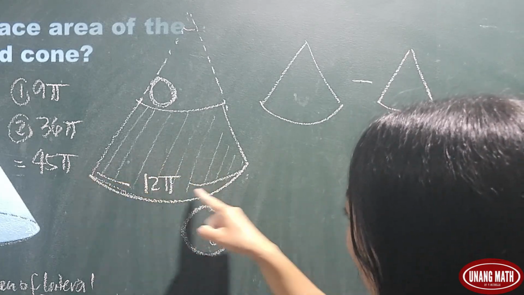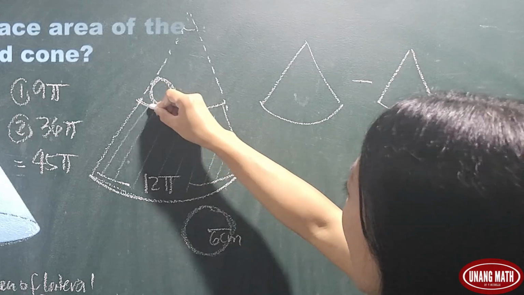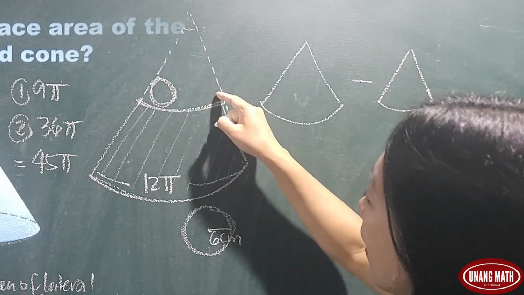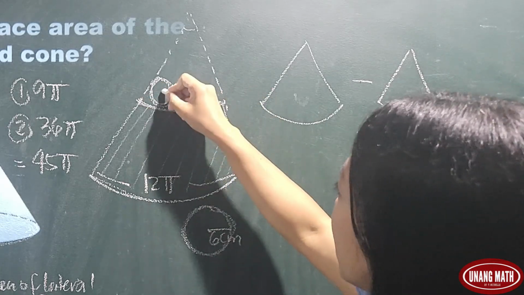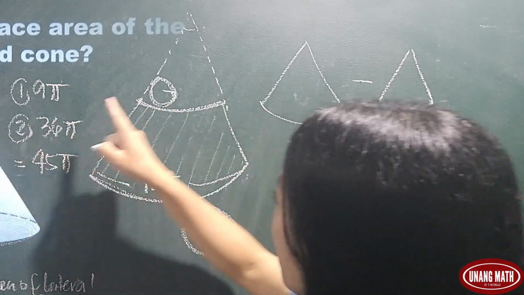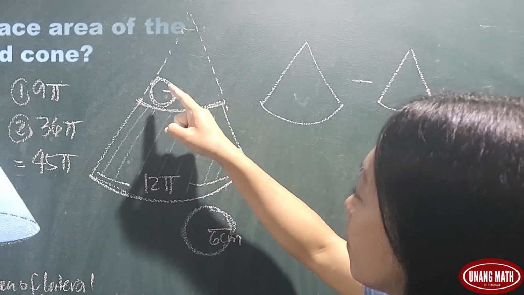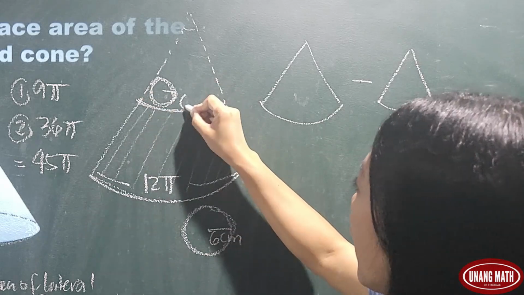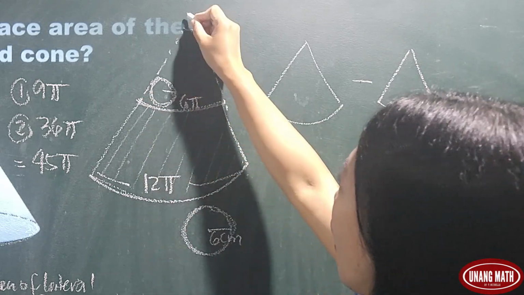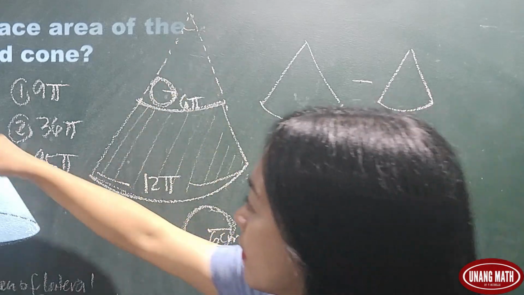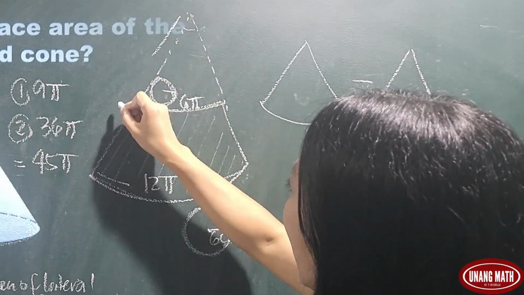So that is the length of this arc. What about this length? Since the radius of this circle is 3 centimeters, this is equal to 2 times 3, so we have 6 pi. From here to here, that's equal to 10 centimeters.